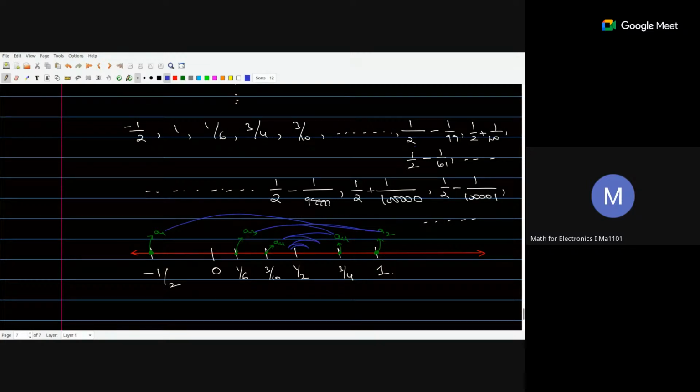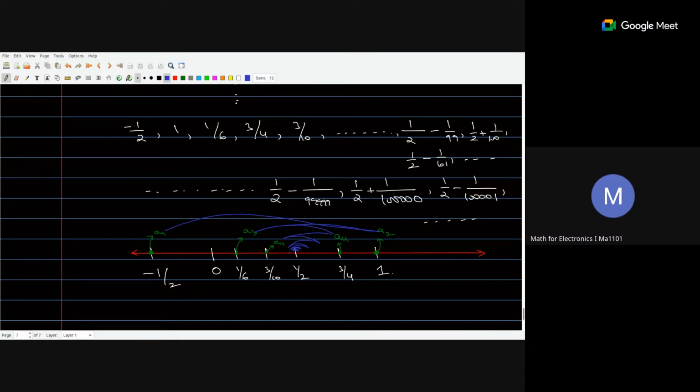And you see this half minus 1 by 99 will be somewhere here. And half plus 1 by 100 will be somewhat on the right side of half. And again, this half minus 1 by 101 will be on the left side of half. So slowly the difference is reducing. If you go on with the sequence, it is half minus some small number which is very much equal to 0.